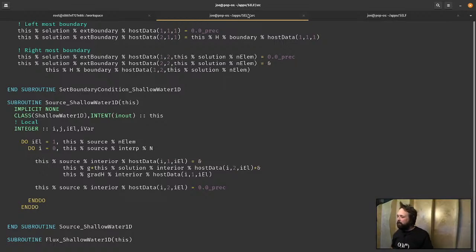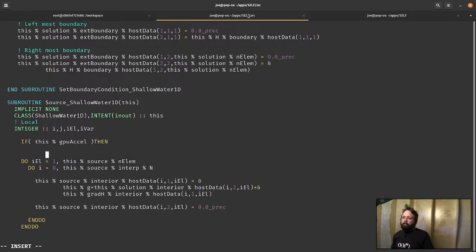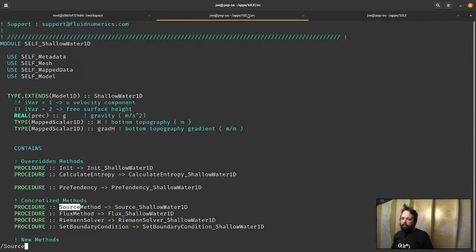I think just to illustrate how this happens, what we want to do is take advantage of a parameter underneath the Model 1D class, the Model 2D class as well, called GPU Excel. It's that flag that gets set when someone calls enable GPU Excel. So what we essentially want to be able to do is call, and let me see what I called it up top.